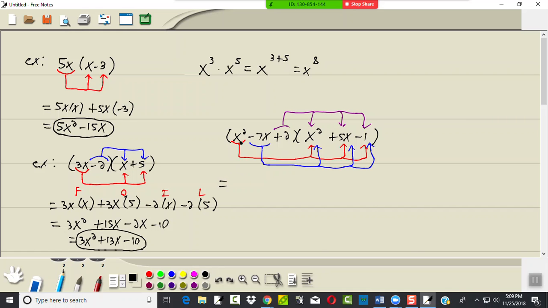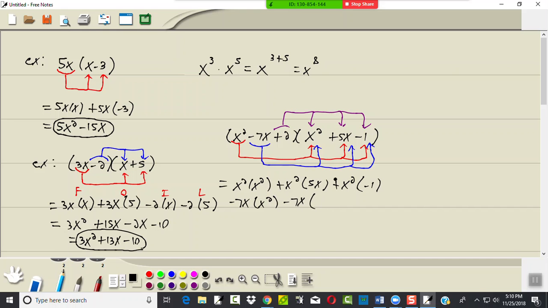Now I'll just start showing it. X squared times x squared. Following the red lines, x squared times 5x. And x squared times negative 1. Then you go to the blue, and you'd have negative 7x. And you follow in the blue line, negative 7x times x squared.